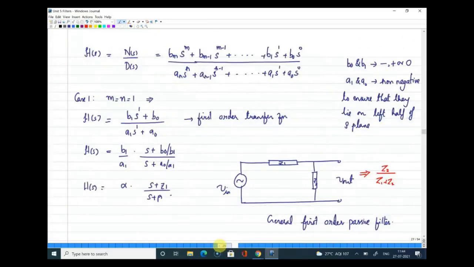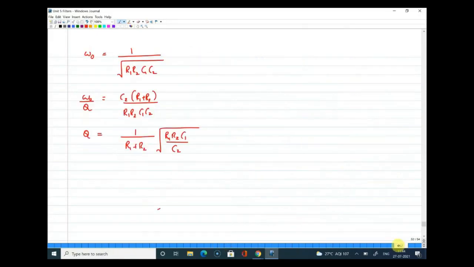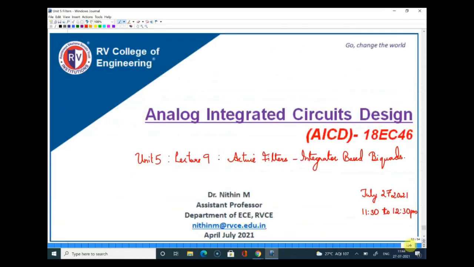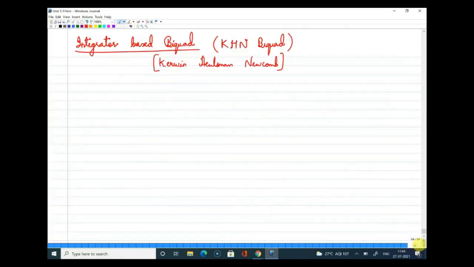Yes, the function of this form is called a bilinear function. And when you have this s square term, we call it a biquadratic transfer function. And this filter, the integrator based biquad, is based on the biquadratic equation we have seen just now.